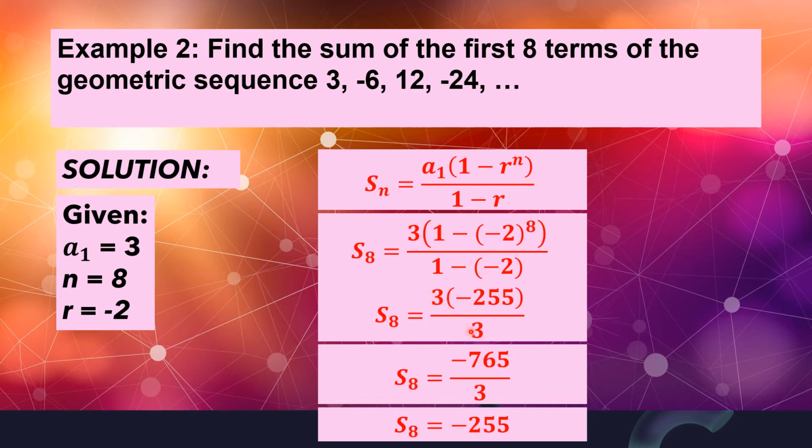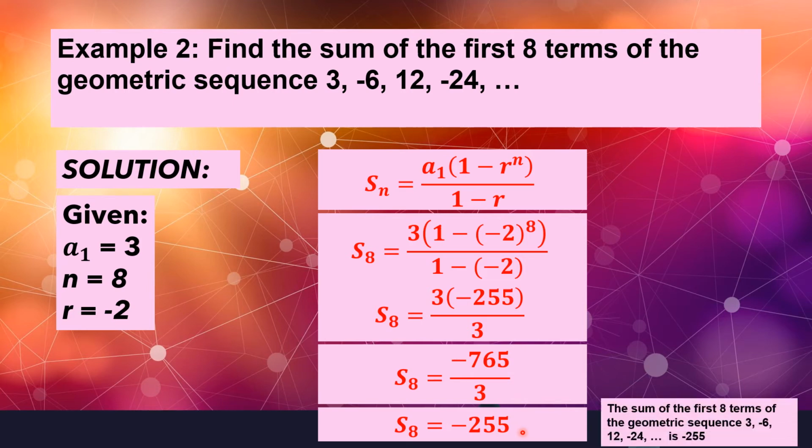So 3 divided by 3 is 1, so we can now cancel this 3 here. The answer is negative 255. Thus, the sum of the first 8 terms of the geometric sequence positive 3, negative 6, 12, negative 24, and so on is negative 255.